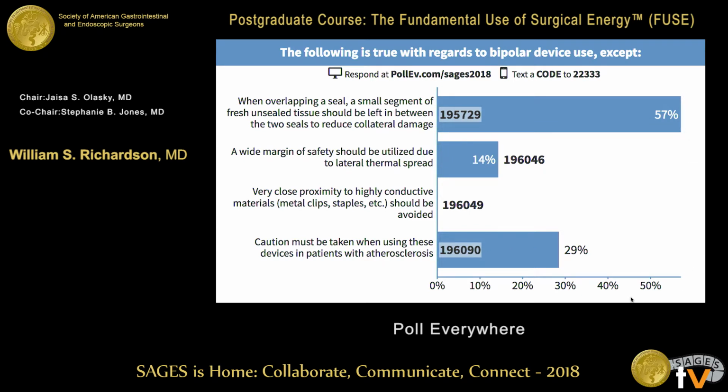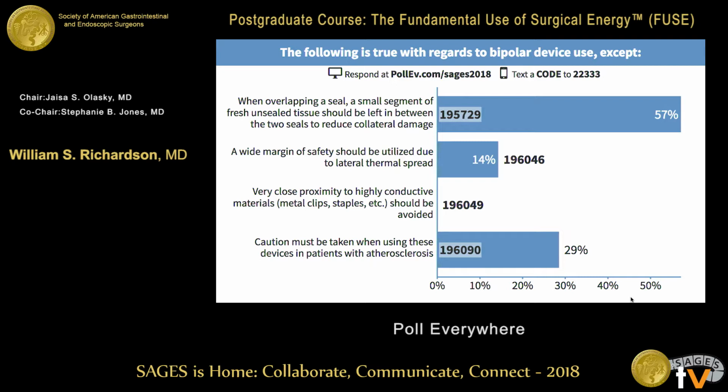Oh, not bad. All right, so it is kind of nice to leave unsealed tissue between when you're using it twice, but you do have to be careful that you have enough room laterally not to have collateral damage if you are to do that. So usually our seals are sort of on top of each other.